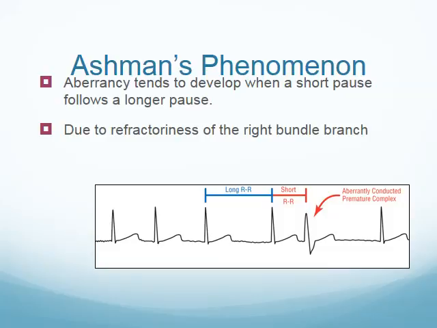That's a rundown of what aberrancy means. It's something that will come more into play when we start talking about tachycardias, ventricular tachycardias, and differentiating them from SVT with aberrancy.